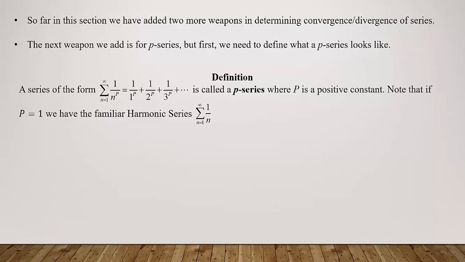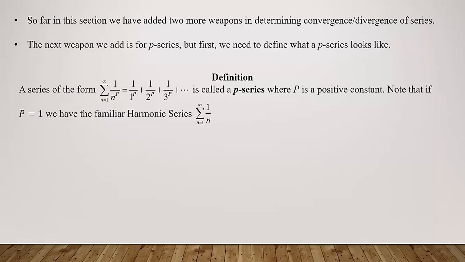I wrote out the first 3 terms: 1 over 1 to the p plus 1 over 2 to the p plus 1 over 3 to the p plus, and so on. A series of that form is called a p-series, where that p in the exponent position is a positive constant. Note that if p has the value of 1, we have the familiar harmonic series, the sum of n equals 1 to infinity of 1 over n.